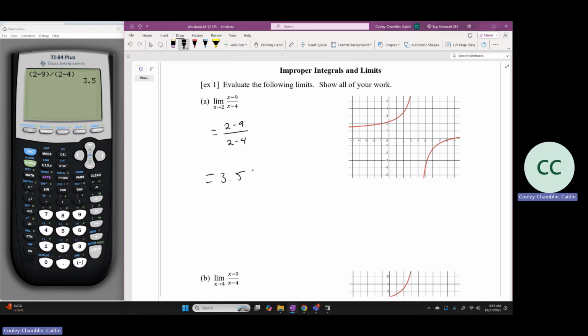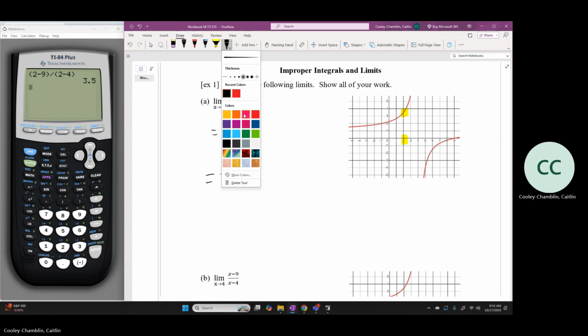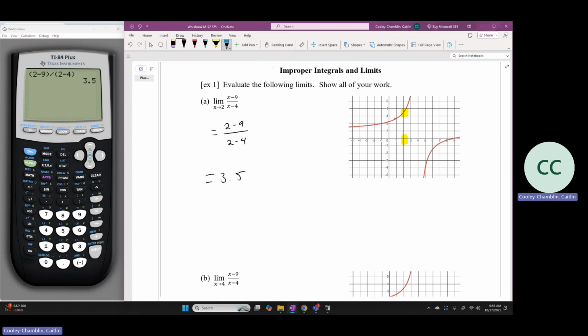And what this means graphically is if we go to the x value of 2, we go up to the graph, this y value is 3.5, which we can see there.